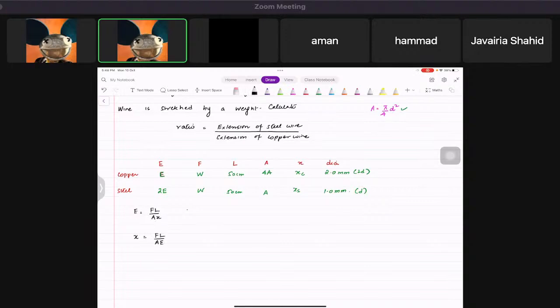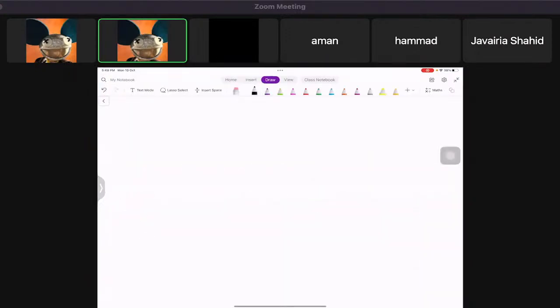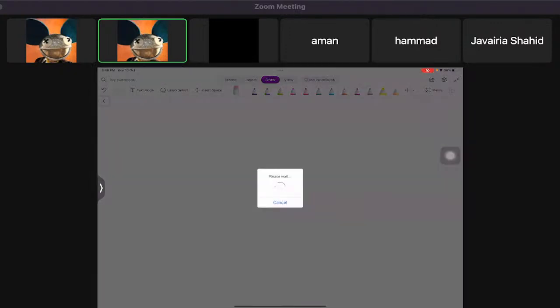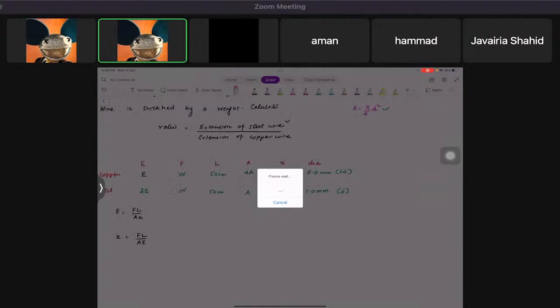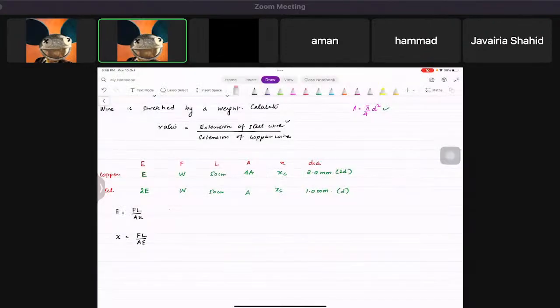So I'm going to make the subject what's needed here. These questions will take some effort, so you guys need to practice it a lot. So what I'm going to do is, I need this ratio, where I need extension of steel over extension of copper.